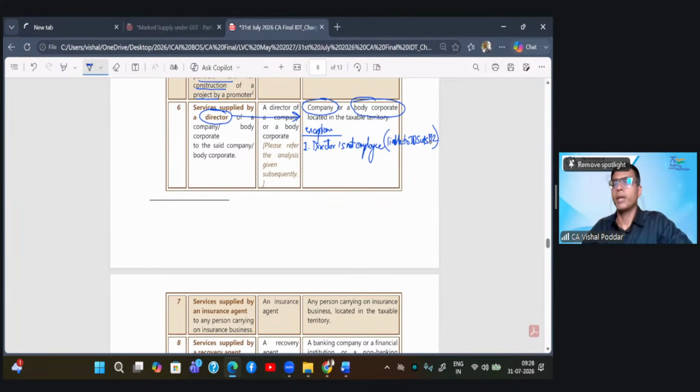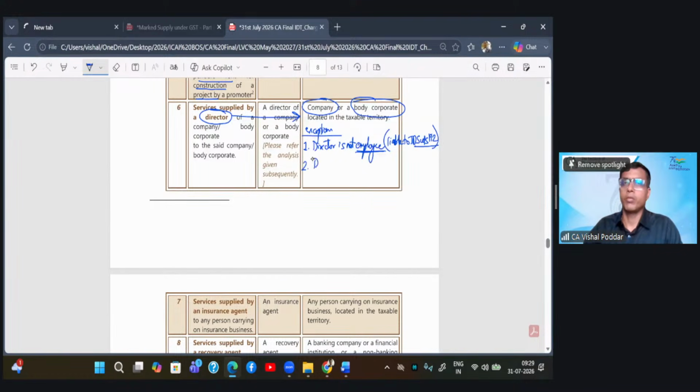Whenever you are liable to TDS under section 192, it means what you are getting is employee's remuneration, in our language salary. And the moment you get salary, as per Schedule 3, it is outside GST. There is no question of forward charge, reverse charge. So that is why the first exception, which will not come in RCM, is the director's remuneration which it is receiving as employee and where TDS is applicable.